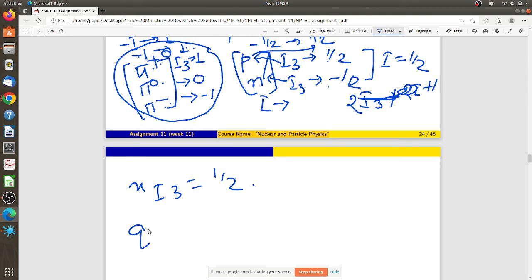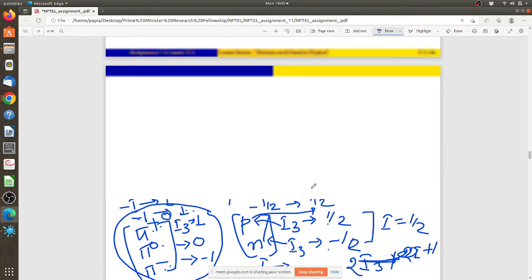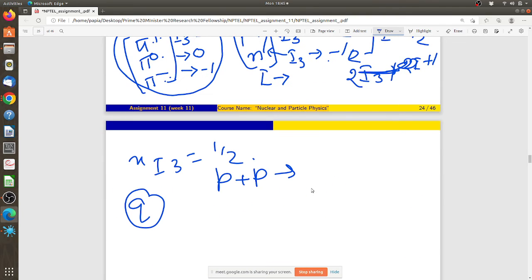Coming to the quark part. What was that? p plus p going to UUD and UD, pi plus, n, plus lambda 0 plus x. p, you told rightly, is uud, and this one is also ud.